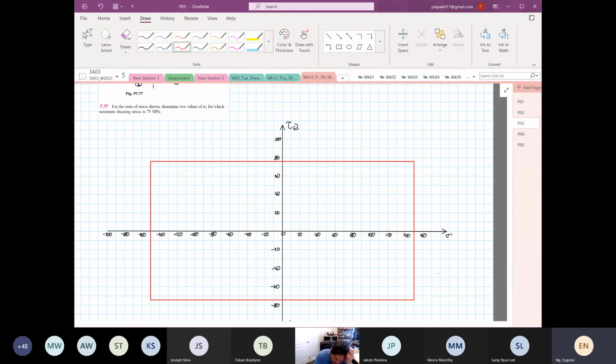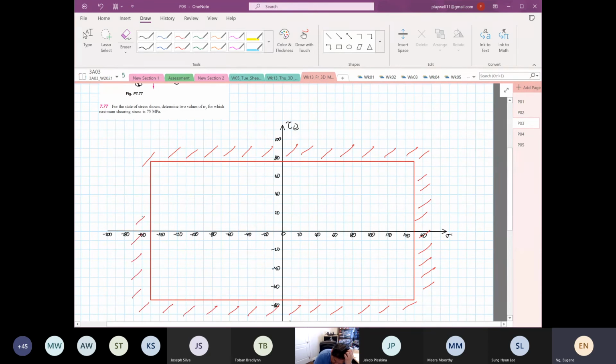So what do I mean by operating bracket? Our circle cannot touch this, cannot go into the region where I'm shading now. If it touches, it means you are going beyond the maximum allowable stress. So this is how we incorporate Mohr circle with yield strength.